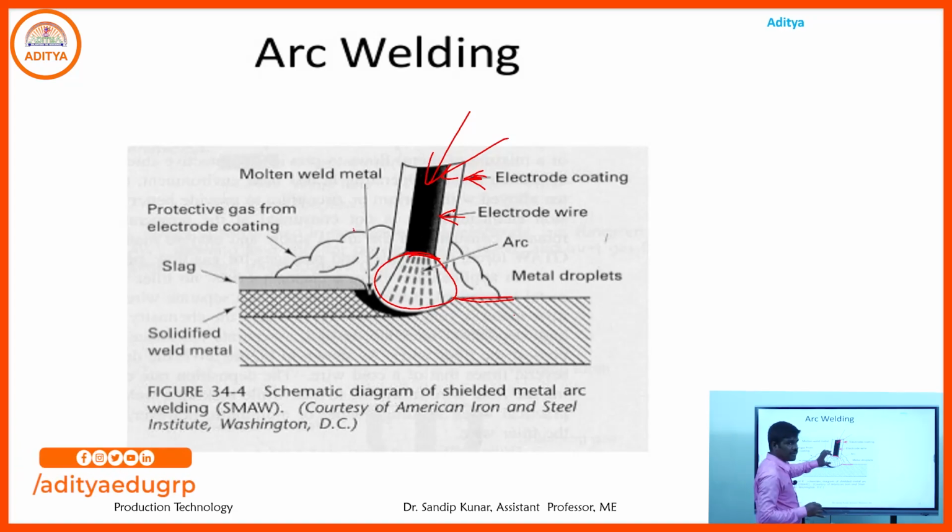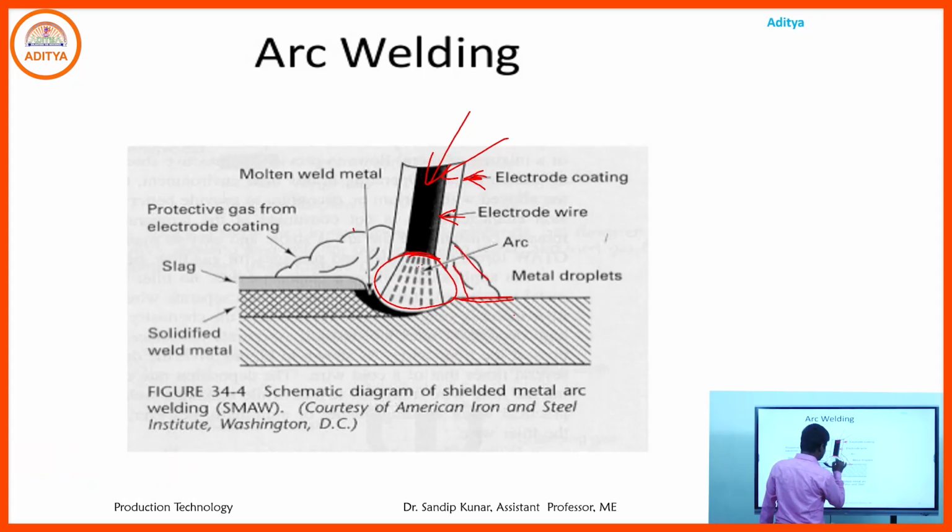Actually that is the ionized column of gas or air. Those are the metal droplets, and that is the base metal. After using the torch, the metal is melted, both metals are joined, and after melting it solidifies, that is the solidified weld metal.